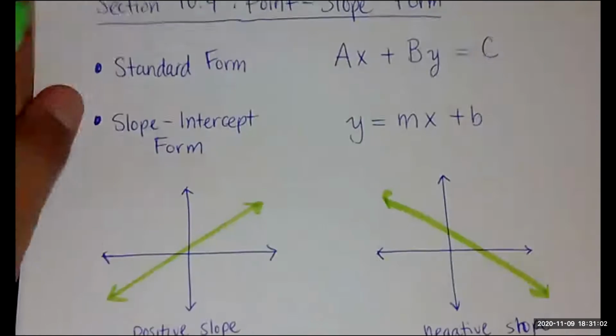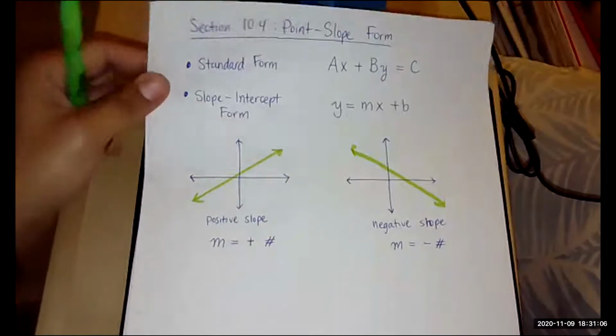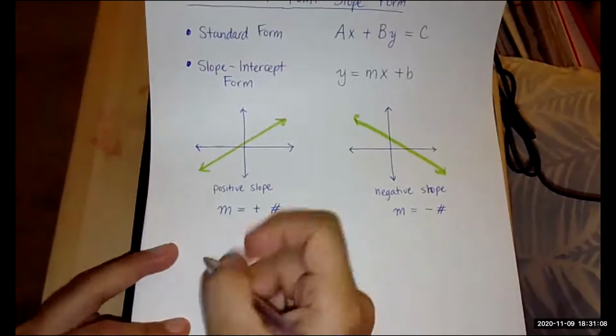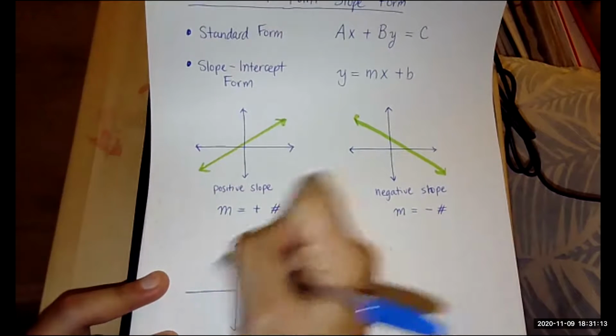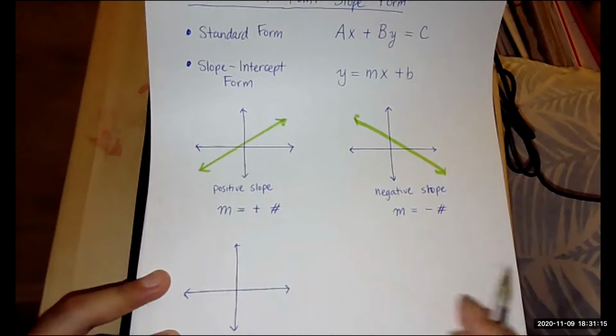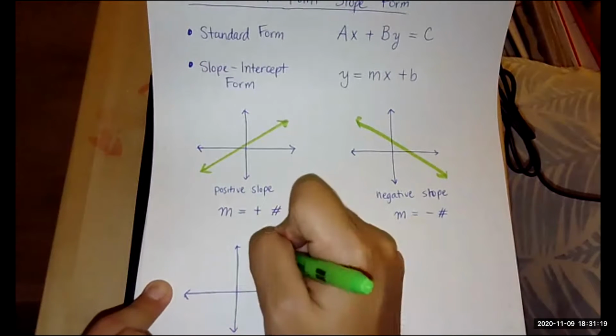We also saw 2 other kinds of line graphs. One where we had vertical lines, just perfectly vertical lines, like so.